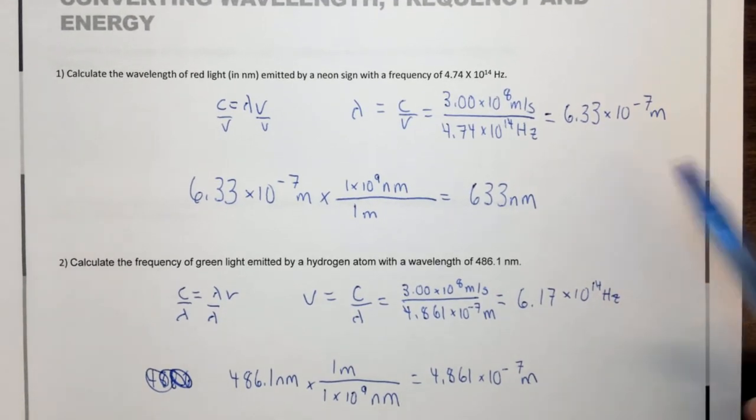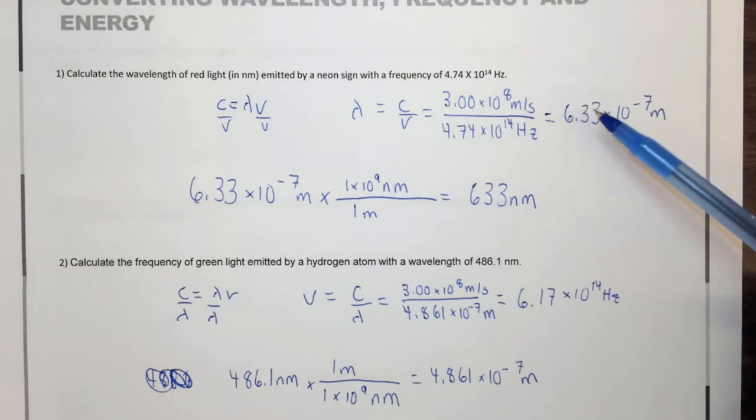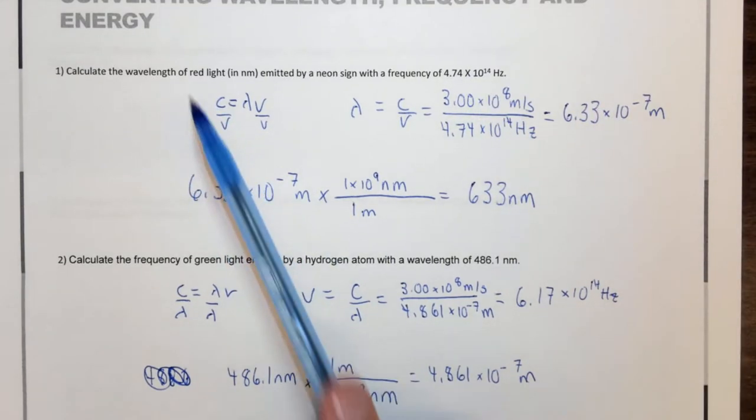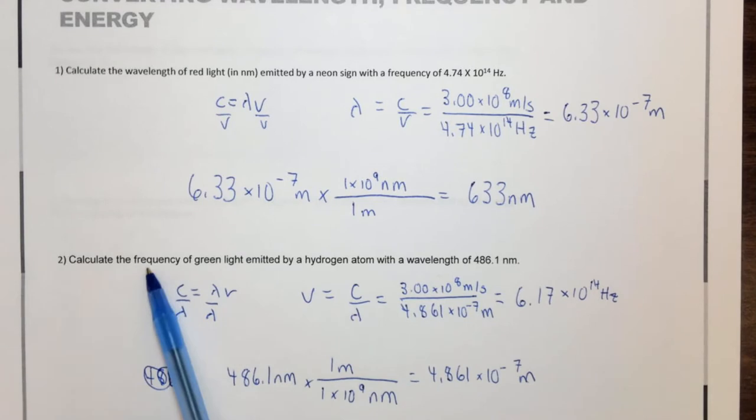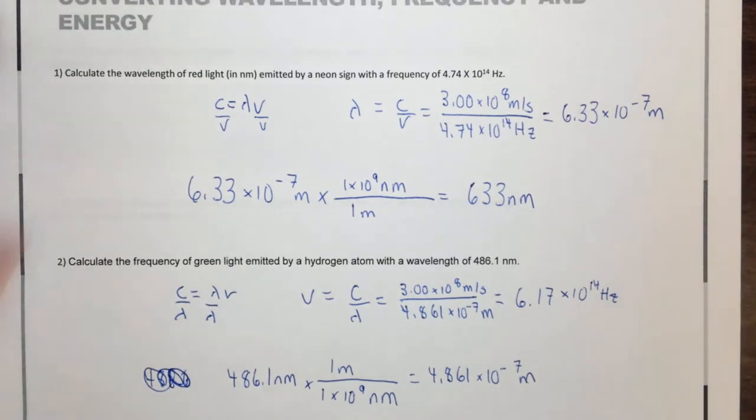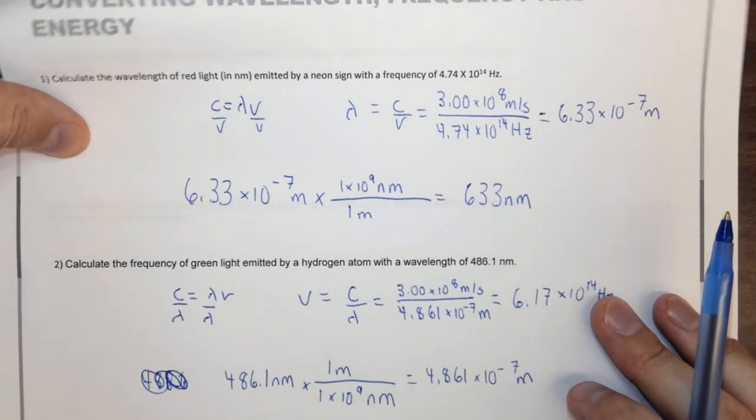So now we've figured out how to convert from frequency to wavelength and wavelength to frequency. These are just the opposite conversions. What's important to remember is if I know the wavelength or the frequency, I can calculate the other one.